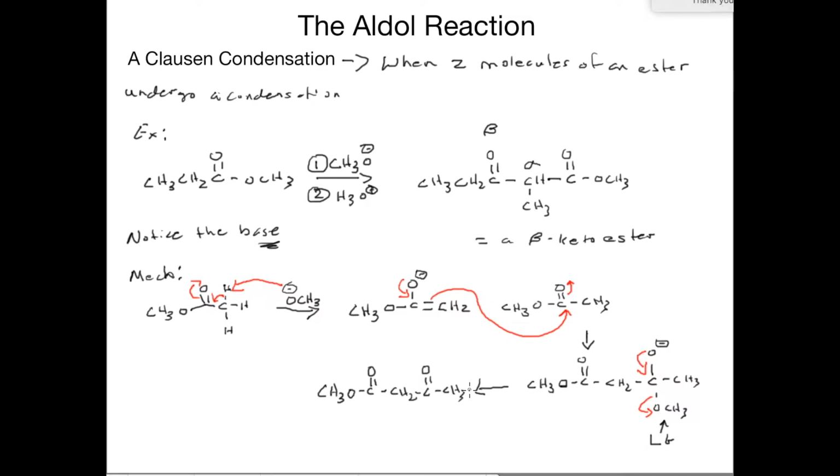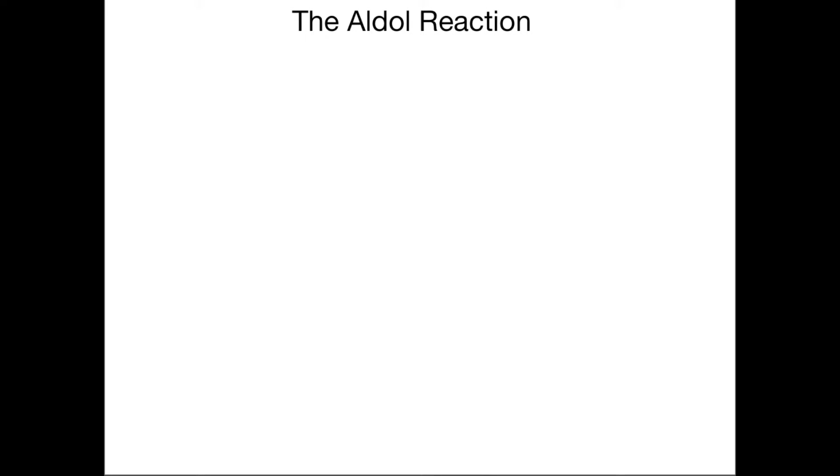Now, just like we could do a mixed aldol reaction where we have different aldehydes or ketones that are going to react, we can do the same thing with a Claisen reaction. So we can do a crossed Claisen reaction.